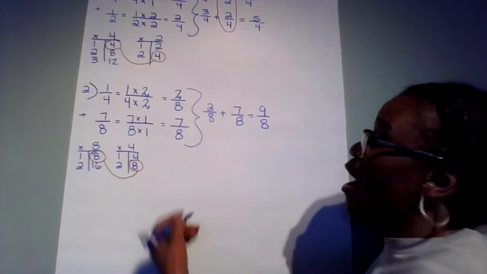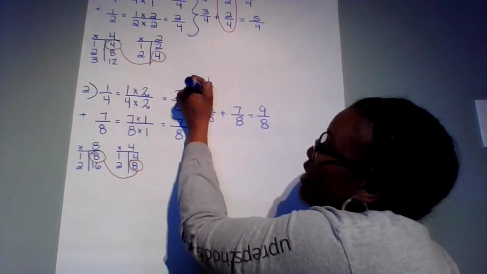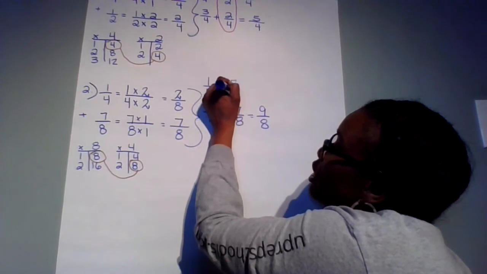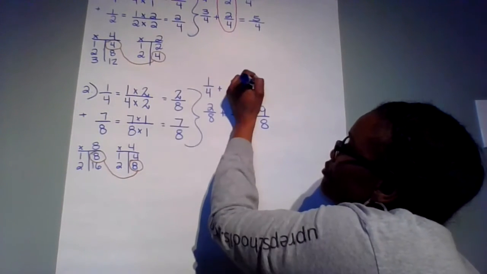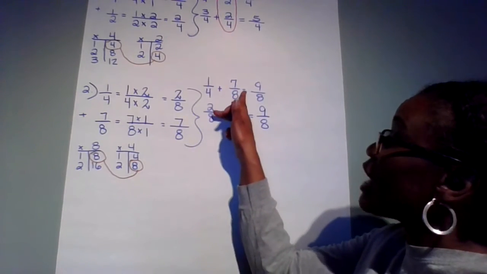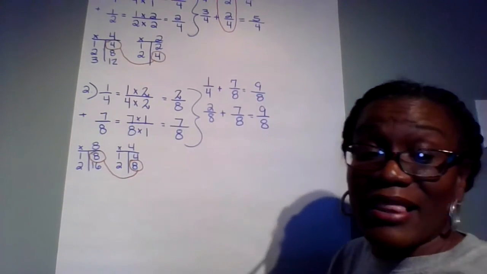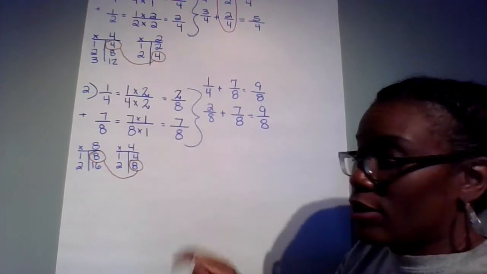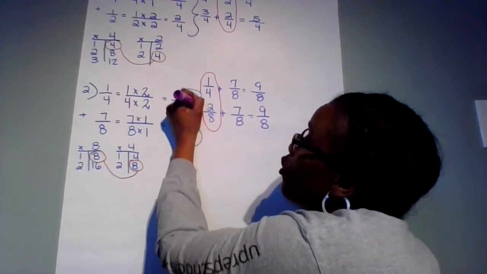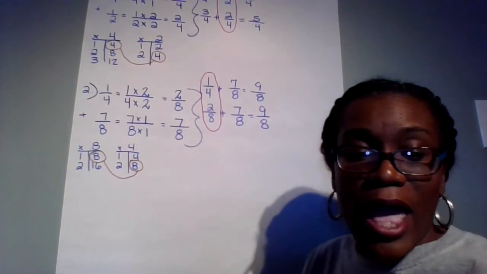So let me write our original equation at the top so we can see our equivalent fraction, because 1/4 plus 7/8 equals 9/8. And guess what? 1/4 is equal to or equivalent to 2/8.